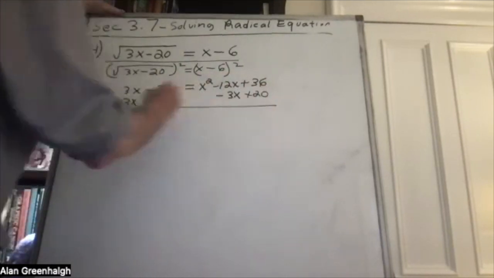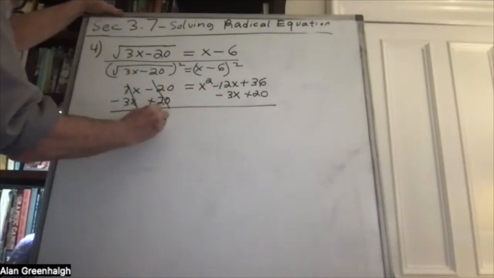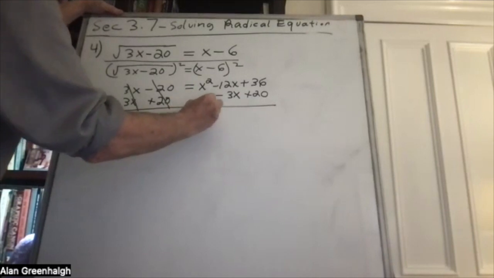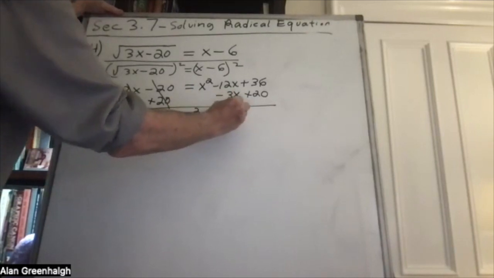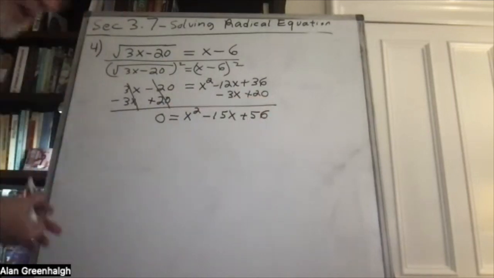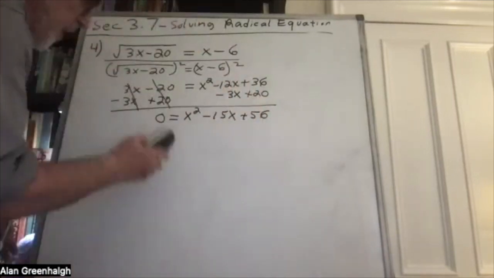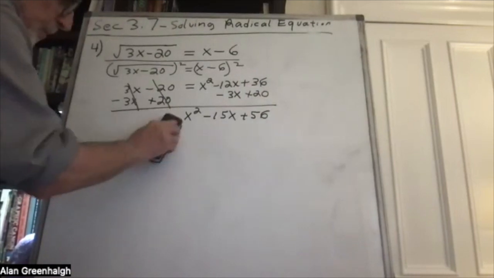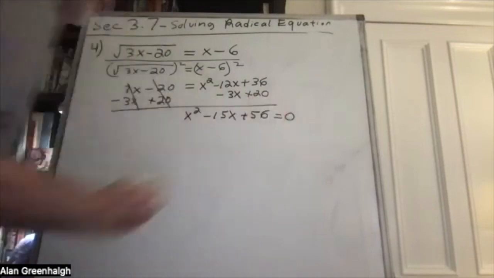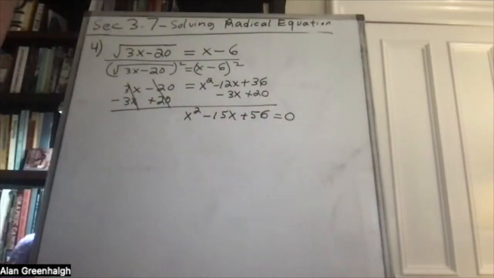This is what you get. These drop out, leaving you with 0. That becomes x squared minus 15x plus 56. Okay, and what I'm going to do is a very simple moving of the equals 0 to the other side of the equation, which we're more used to. There it is.